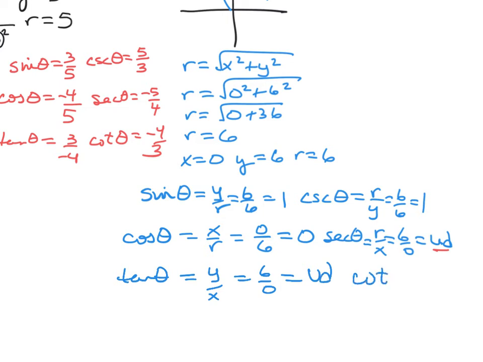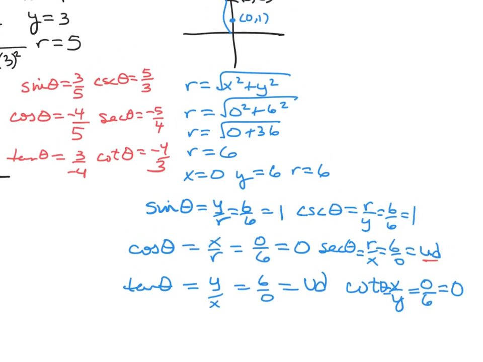And then cotangent, x over y. And here x is 0, y is 6, simplifies to 0. So again, when the 0's in the denominator, you're going to type in UD. When 0's in the top, it simplifies to 0.